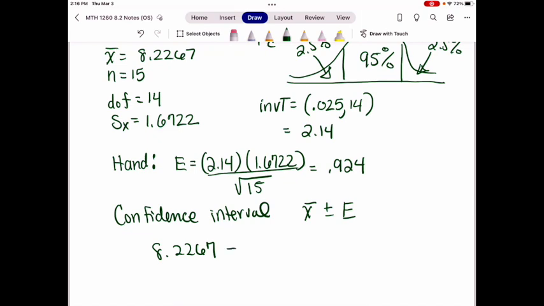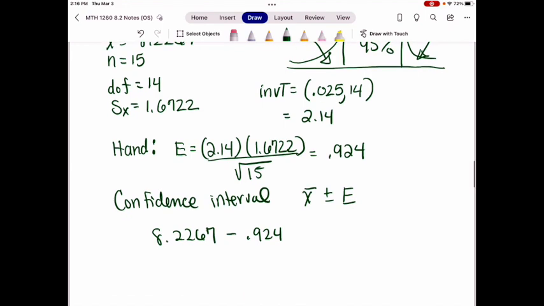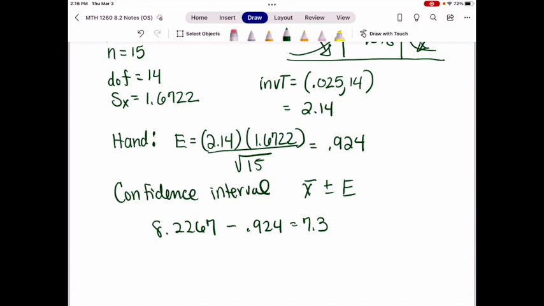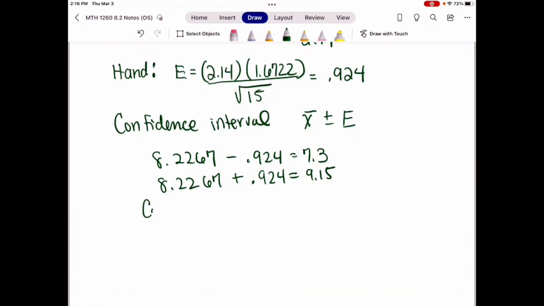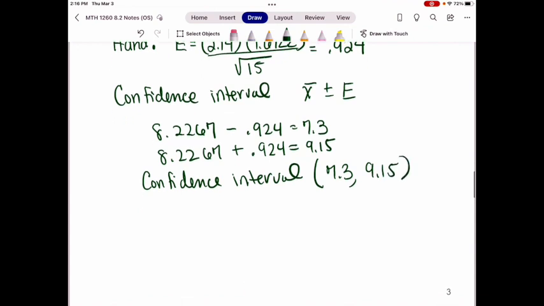When I subtract my error, I get 7.3. When I add my error, I get 9.15. So I know my confidence interval is from 7.3 to 9.15.